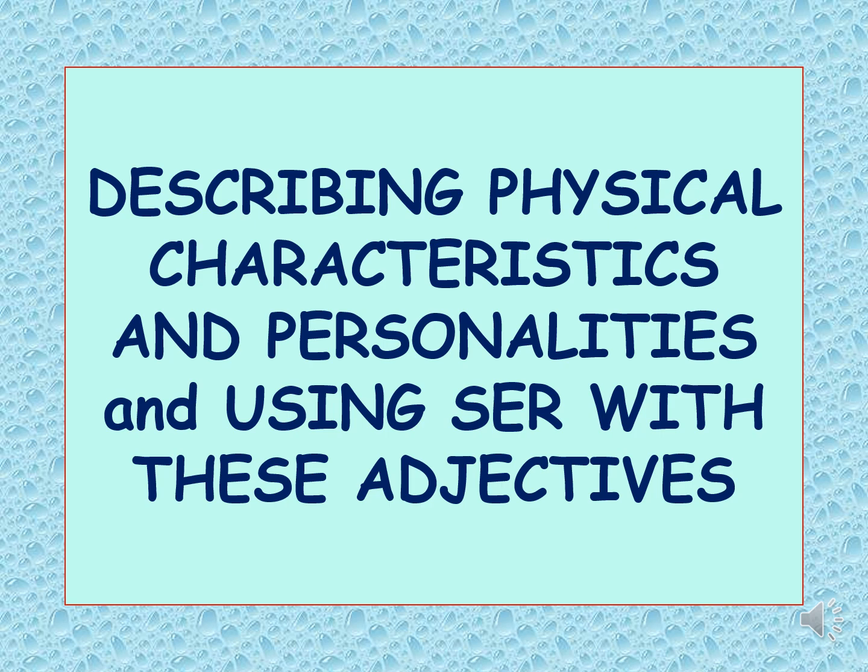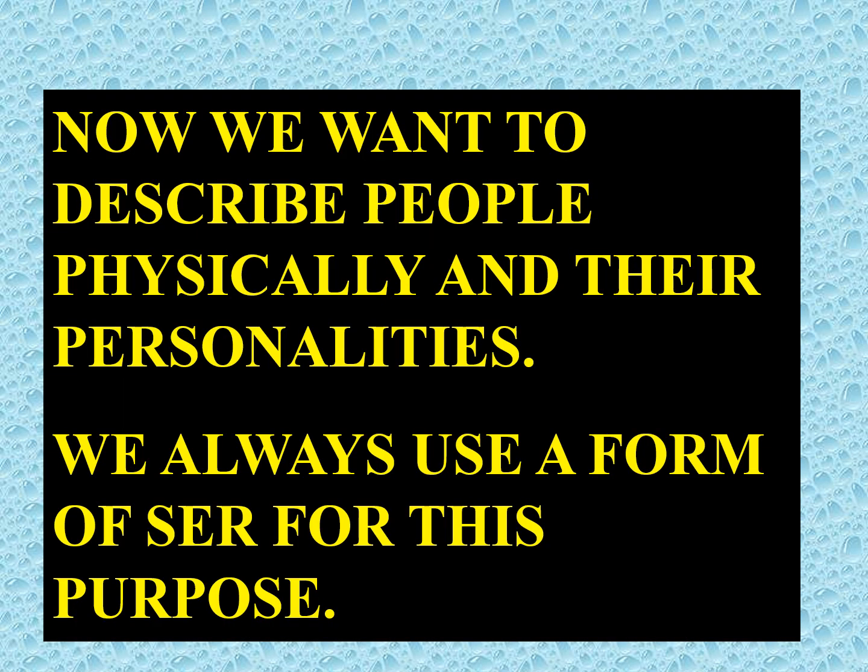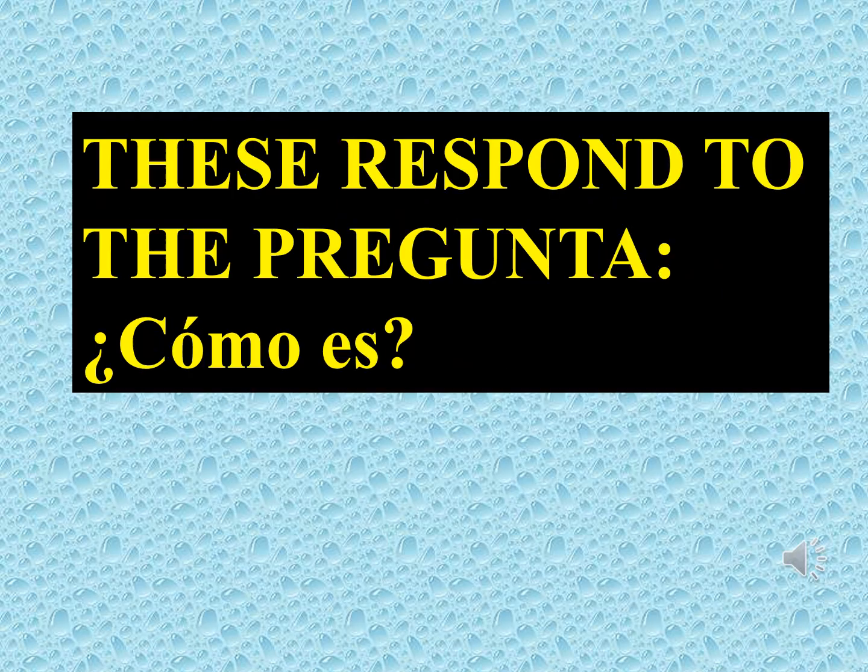They don't change, just the verb changes and its forms. Key question here is cómo es, not cómo está. When I hear cómo es, it wants to elicit a description of physical traits or personality.